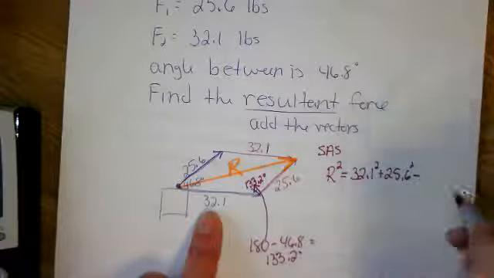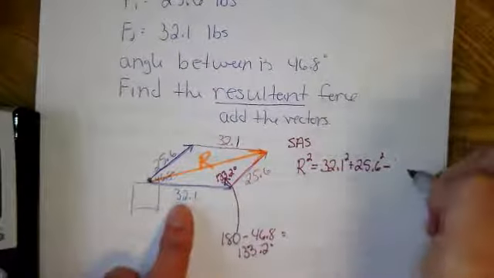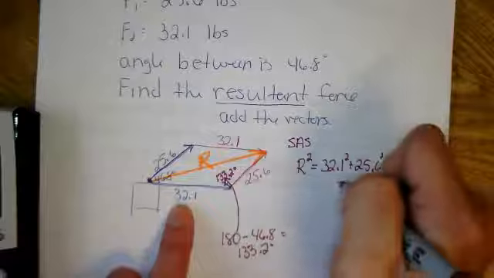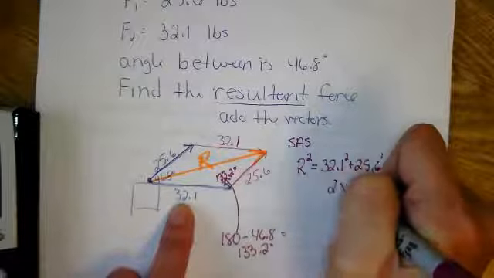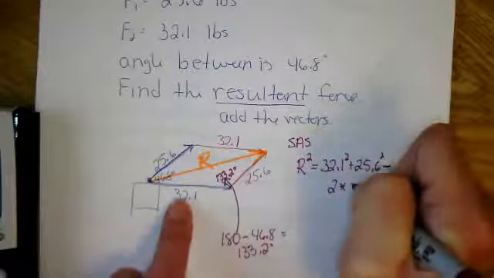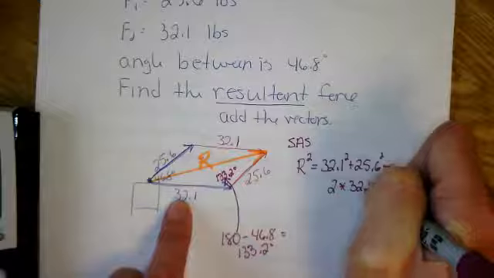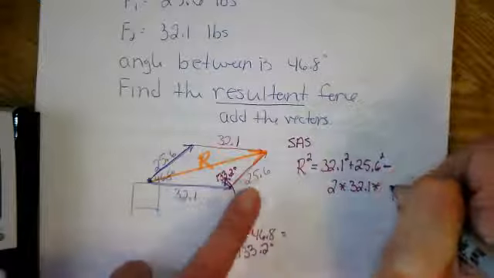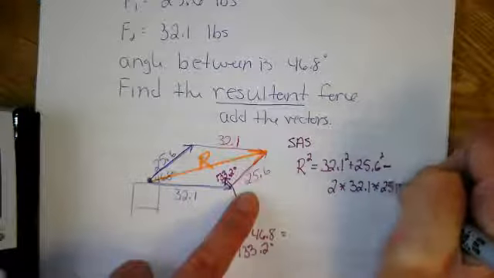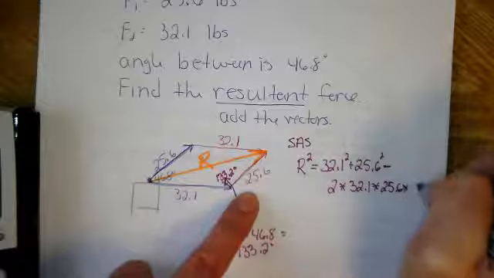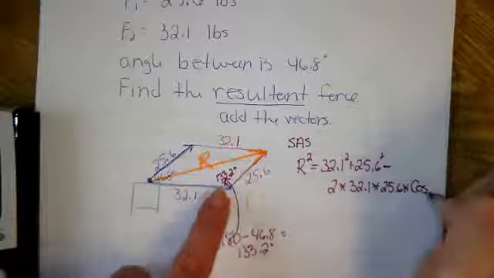Then you subtract, I'm going to run out of room. I'm going to come under here, subtract, because that's all one chunk. 2 multiplied by those two side lengths, 32.1 times 25.6, times the cosine of the angle between them.